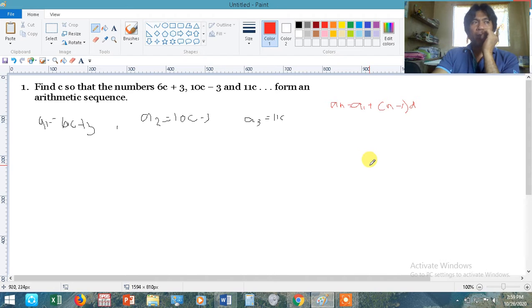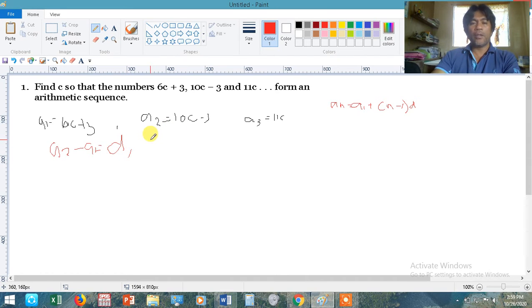The common difference is if you subtract the first term from the second term, right? For example, A sub 2 minus A sub 1, that would be the common difference. That is your D.